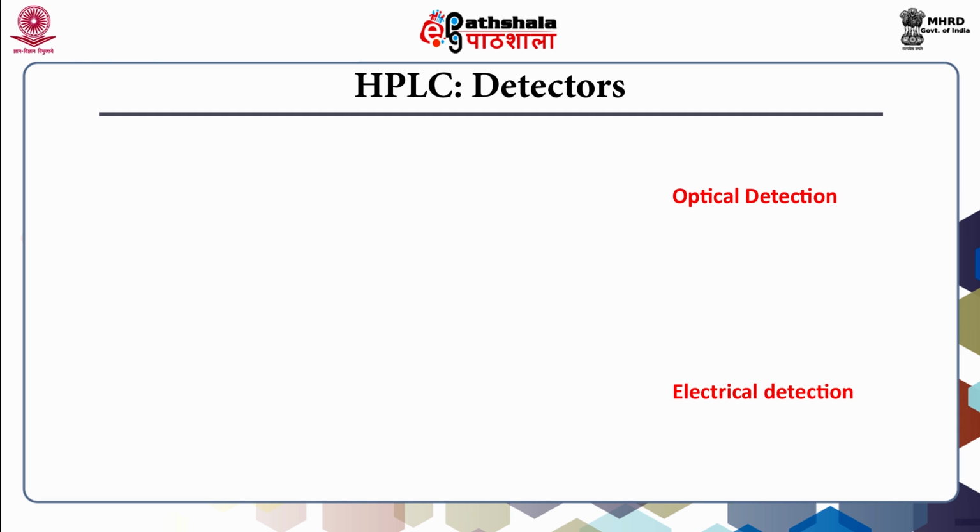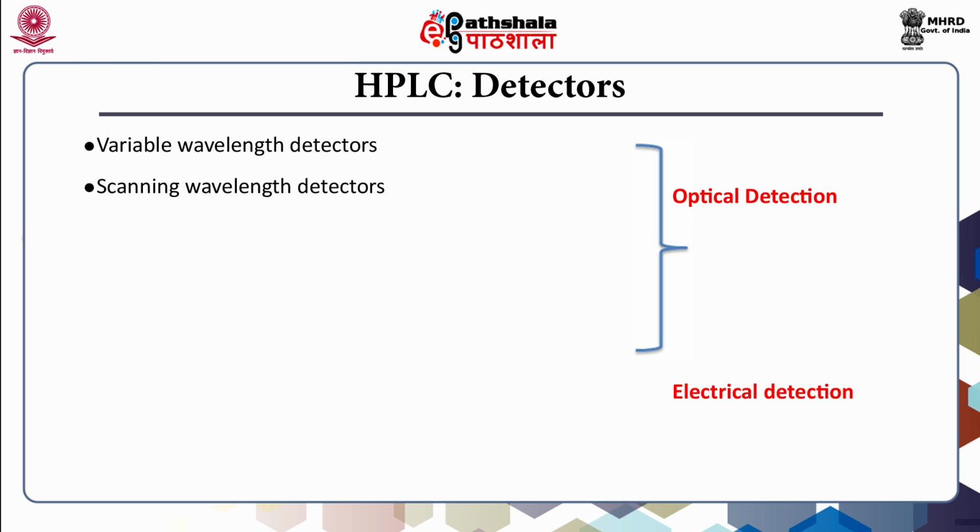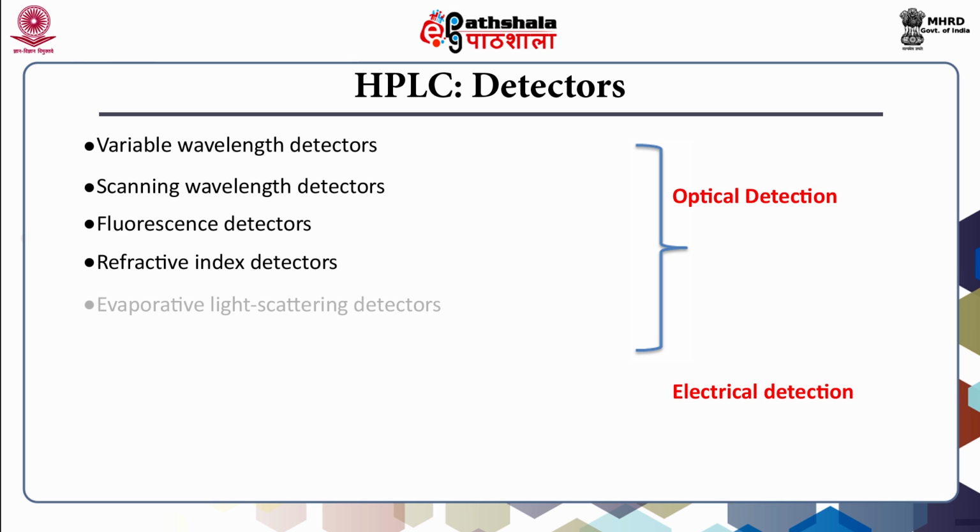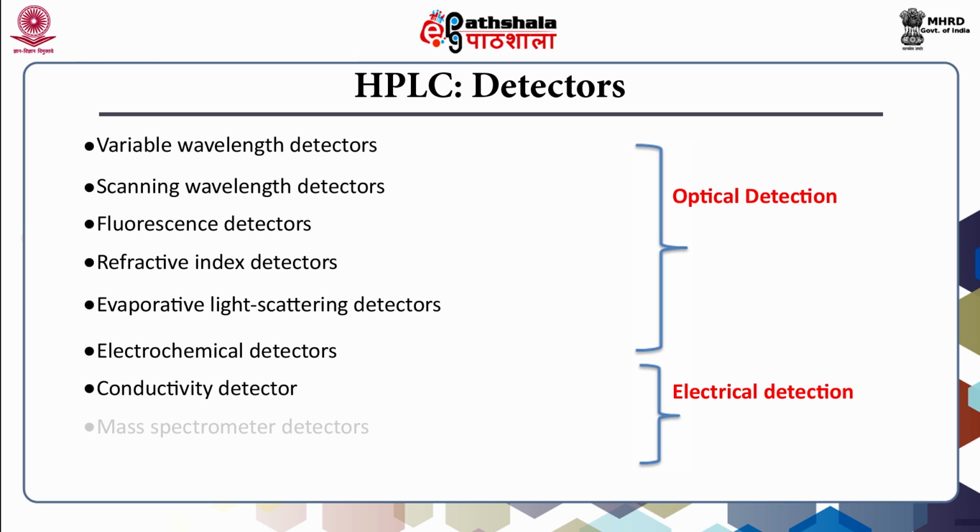In the optical category, the detectors are variable wavelength detectors, scanning wavelength detectors, fluorescence detectors, refractive index detectors, and evaporative light scattering detectors. But in the case of electrical detection, there are 3 kinds: the electrochemical detector, conductivity detector, and mass spectrophotometer detector, and finally the NMR spectrophotometer detectors can also be used.